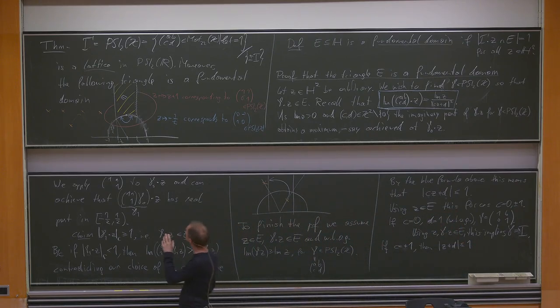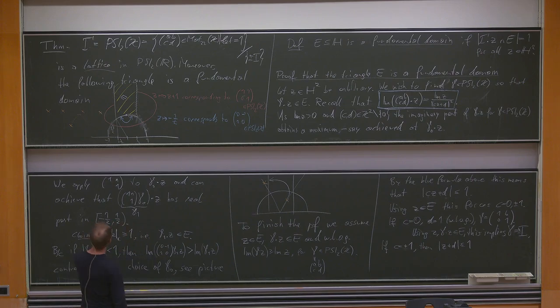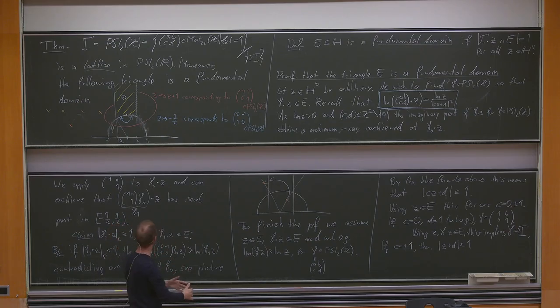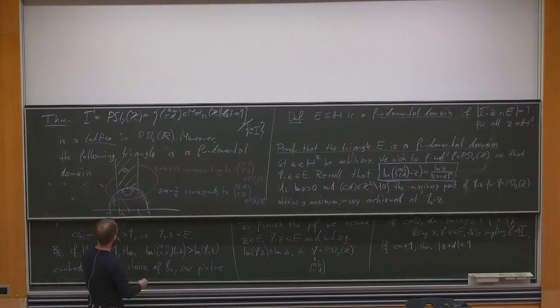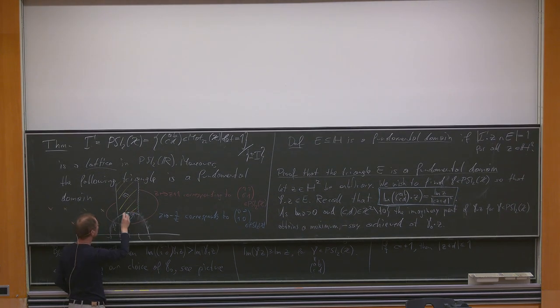And now I ask myself, how often does this happen when I have an element in the fundamental triangle E? I shift it by an integer, and the output is still on or inside the unit circle. How often does this happen? So I draw a shifted picture of this E. I can shift it over here. How many points here are still inside the closed unit circle?